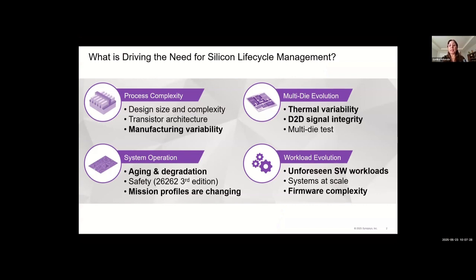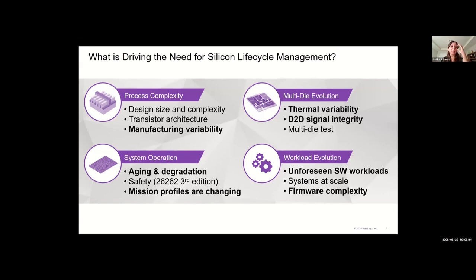So various things as we see in our landscape today, including technology scaling and the complexity. As we move to new devices, the transition from FinFET to gate-all-around, the manufacturing variability, introducing more vulnerabilities for extrinsic defects, new trends with respect to chiplets and multi-die solutions, which also require us to consider new failure mechanisms and mitigate those.